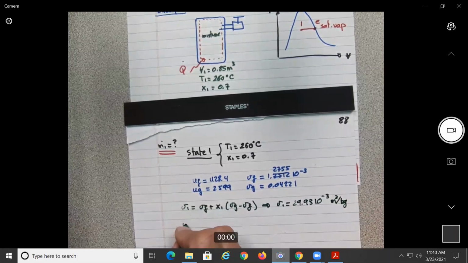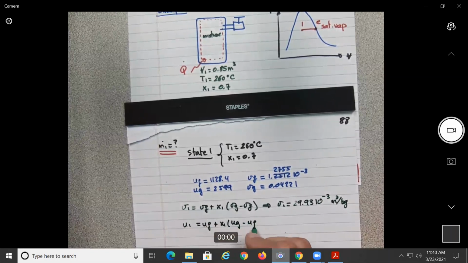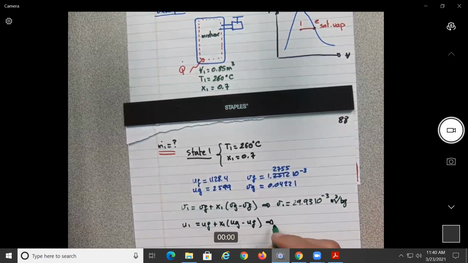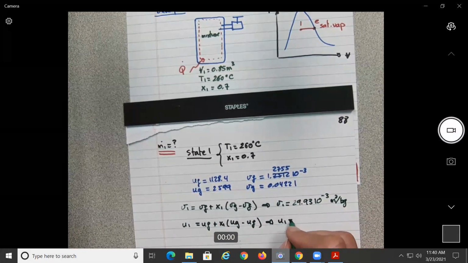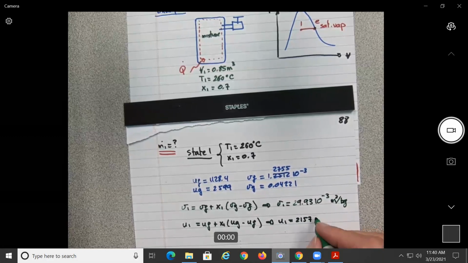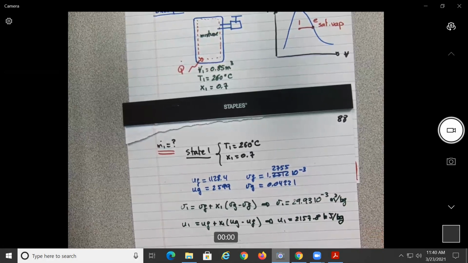And U1 will be equal to U sub F plus X sub 1 (UG minus U sub F), which will give you a value of U1 equal to 2157.8 kilojoules per kilogram.